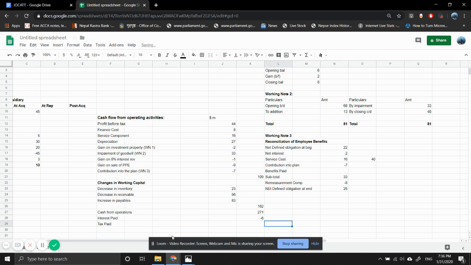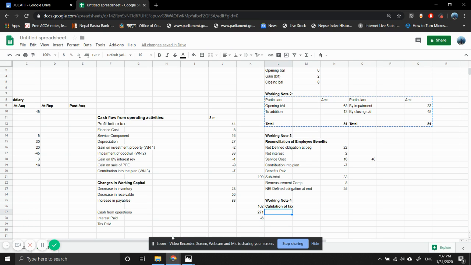In case of tax, we will need to do a working out. Number 4, the calculation of tax. I'll copy and paste my sample.